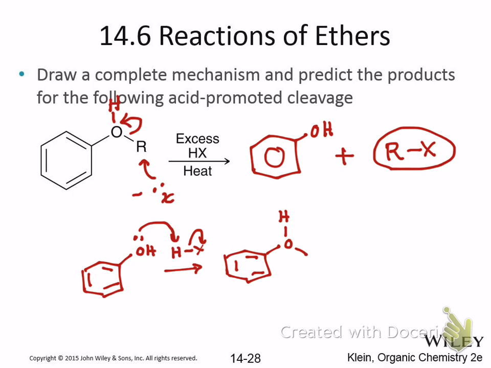Okay, which is probably still happening. But then what would the next step be if this followed the same mechanism as up here, right? The halogen would have to do an SN2 style reaction and kick this off. And this is the part that doesn't happen.